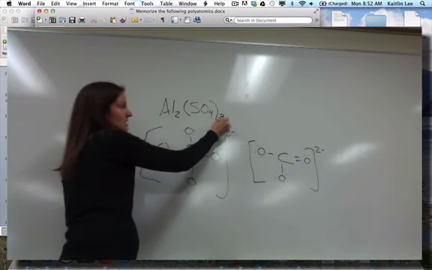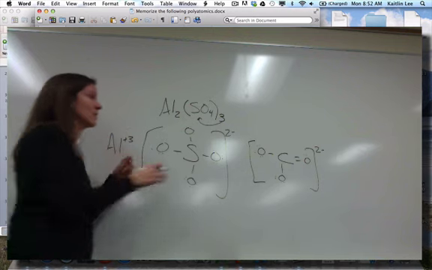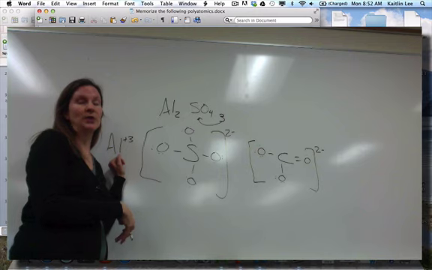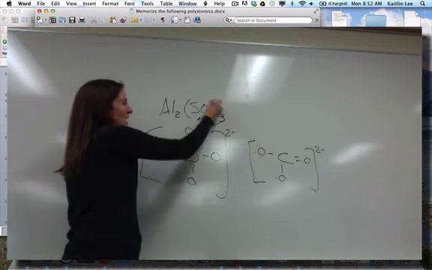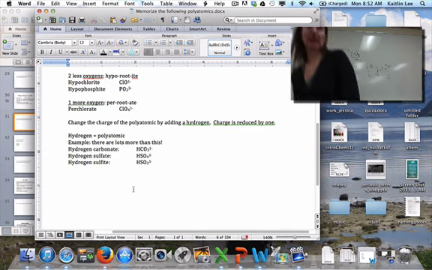This now says, hey, everything inside that bracket, I need 3 of. Without the bracket, it looks silly, okay, because you have SO43, which doesn't make sense. And with the bracket now, we know specifically which ones we're multiplying.